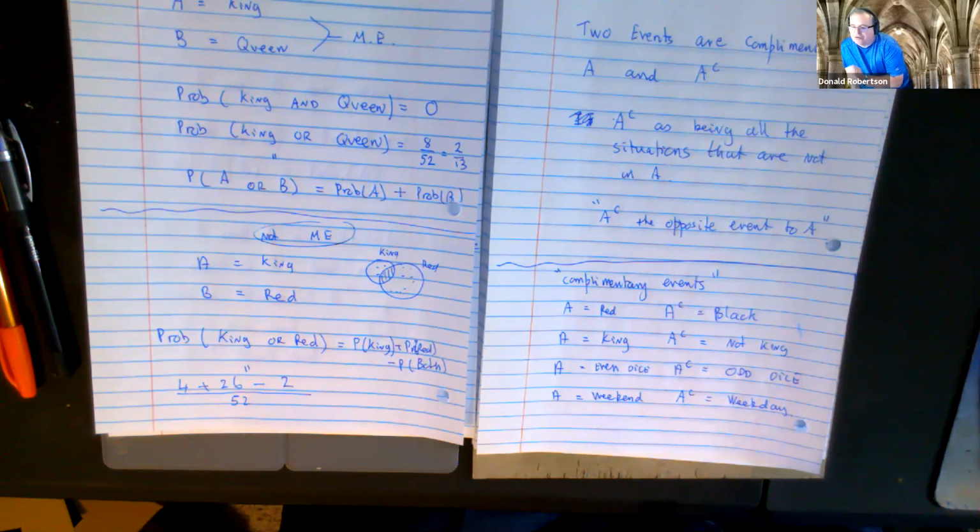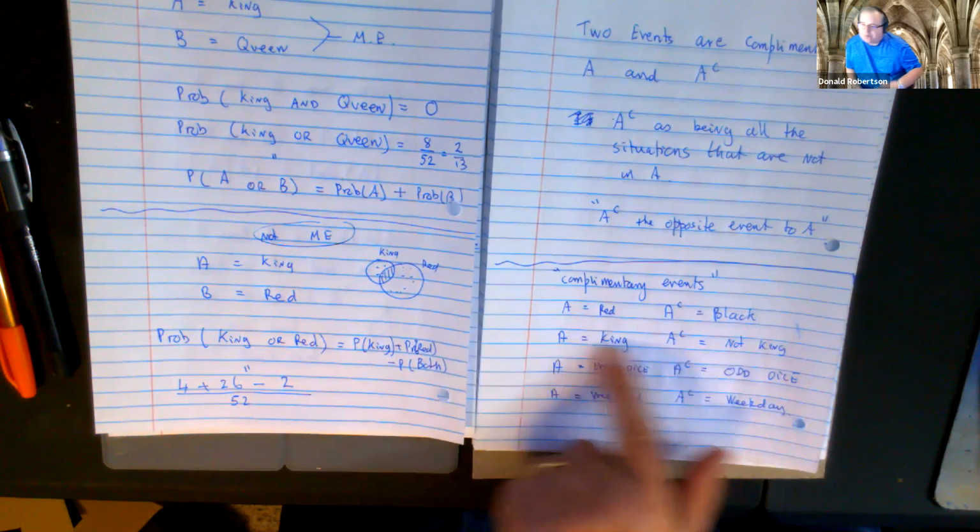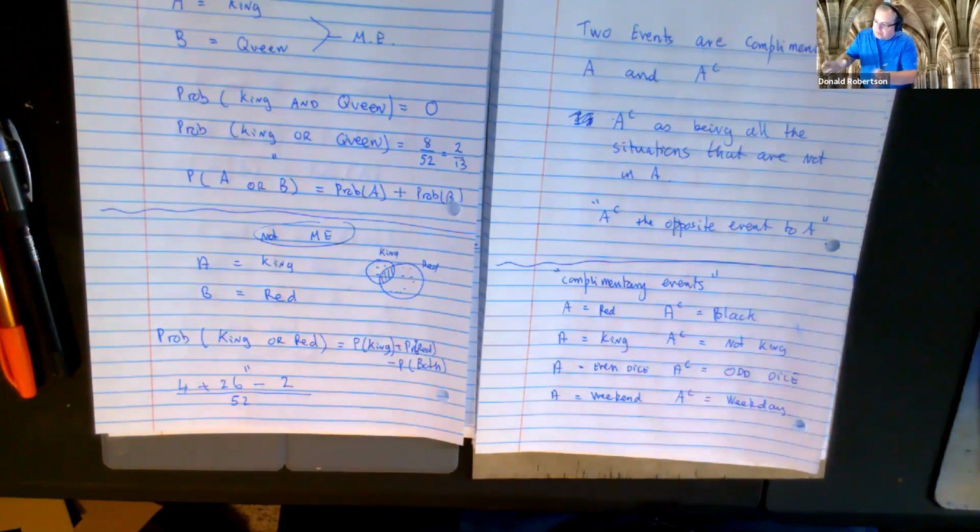So to give you an example of something that's not complementary events, A is clubs, B is diamonds. They are not complementary events, because couldn't you get the other two suits as well? But A is clubs and B is not clubs. Those two events would be complementary. And all the events have to share a common pool of sub-events.